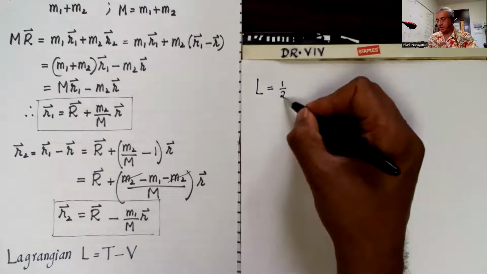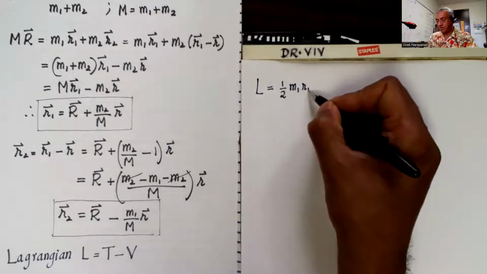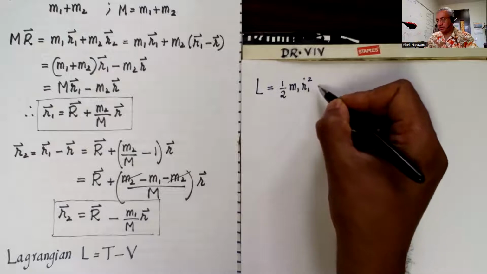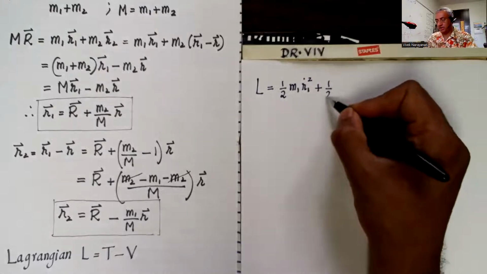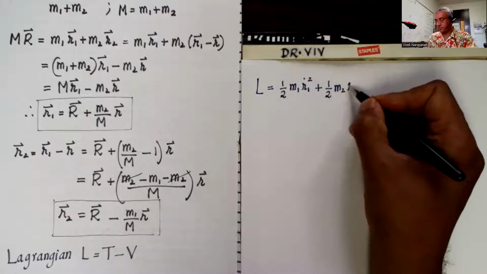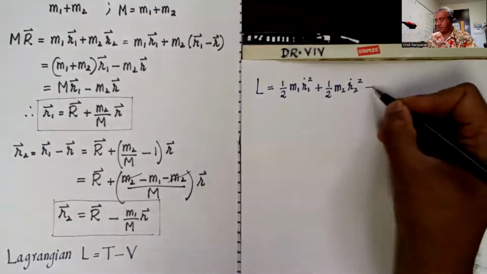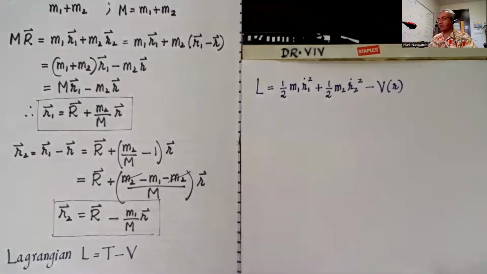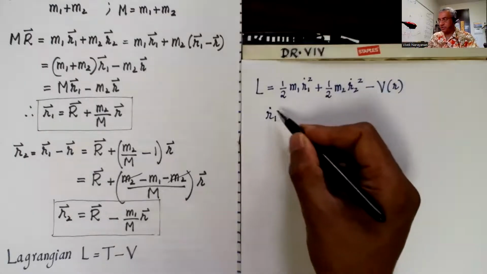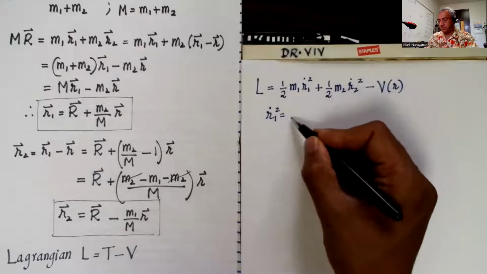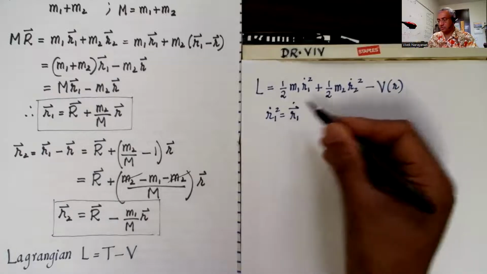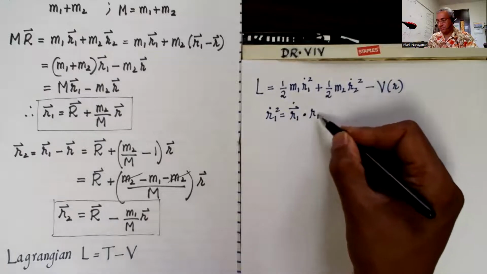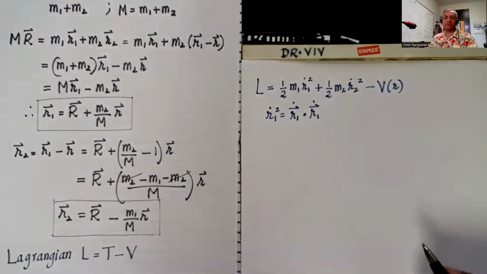So it's going to be 1/2 m1 r1 dot squared plus 1/2 m2 r2 dot squared minus V as some function of r, where r1 dot squared is r1 dot dotted with r1 dot. So the square of a vector is the dot product of the vector with itself.